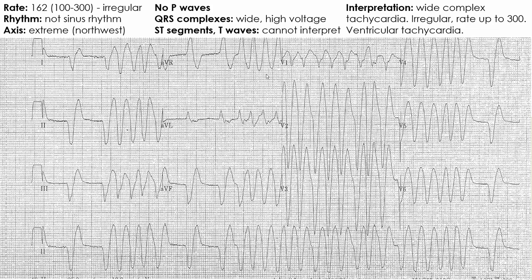Briefly I'll just mention that if you're faced with a deteriorating patient, someone who's arrested or is becoming quite hypotensive and compromised, if they've got a wide complex tachycardia, that's not the time to be trying to figure out is this SVT versus ventricular tachycardia.